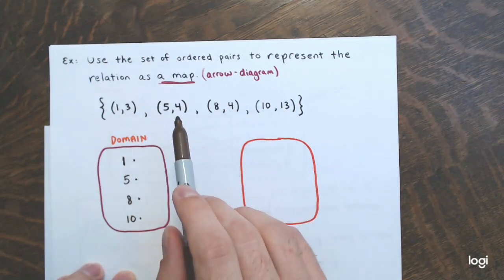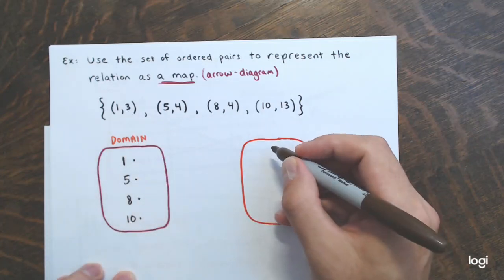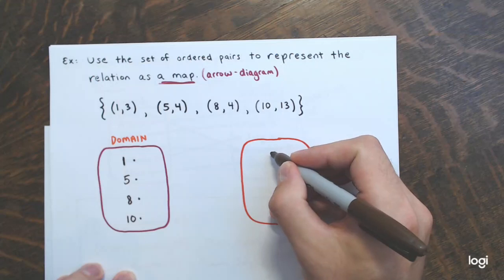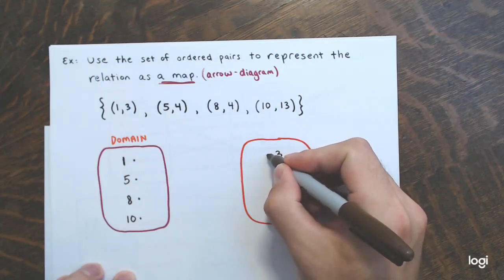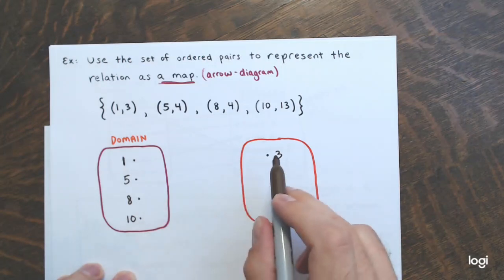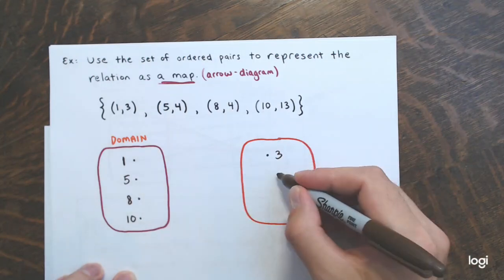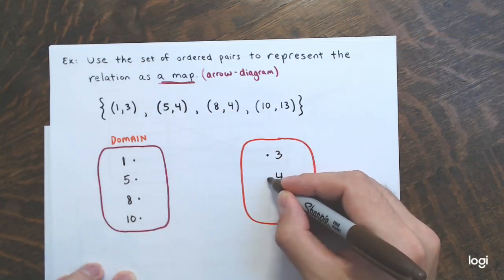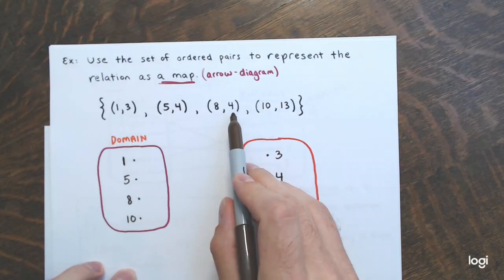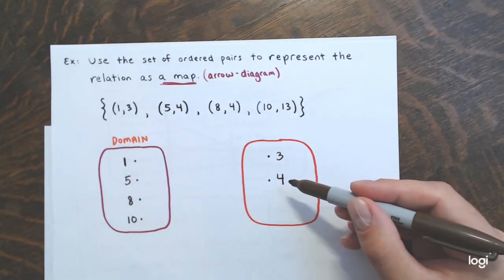And there's no need to repeat stuff, right? So like 3 is in the second set, according to that first ordered pair. 3 is a number in the second set. A little dot next to it again. I'm going to point my arrows to the dots. The second ordered pair, the number 4 is in the second set, is a second coordinate. And then the third ordered pair, I've got 4 again, so there's no need to write it again.